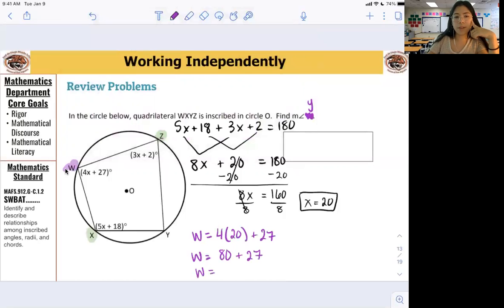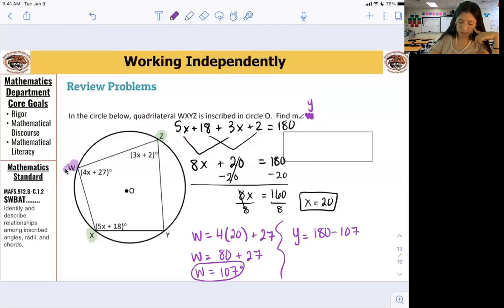So altogether, what's the measure of angle W? Good, 107. If W is 107, then Y is just going to be 180 minus that. What's 180 minus 107? 73 degrees.